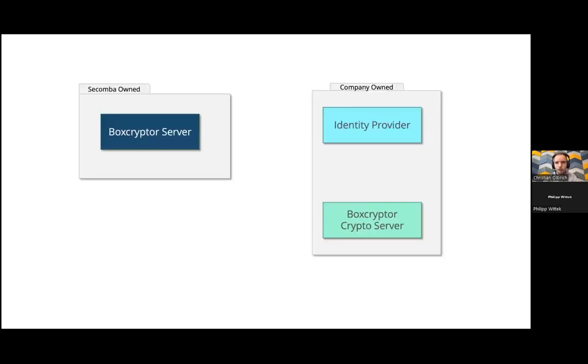So what we can do now, what we offer, is that the identity provider can issue requests to create users, groups, or group memberships. So this is basically a synchronization request.